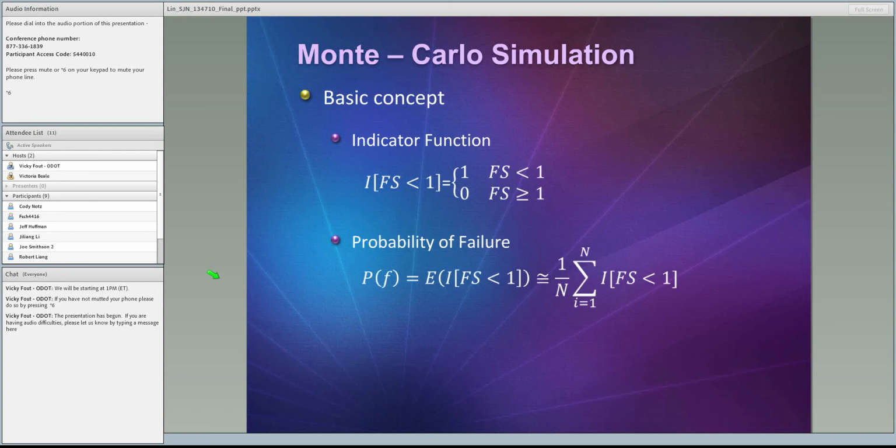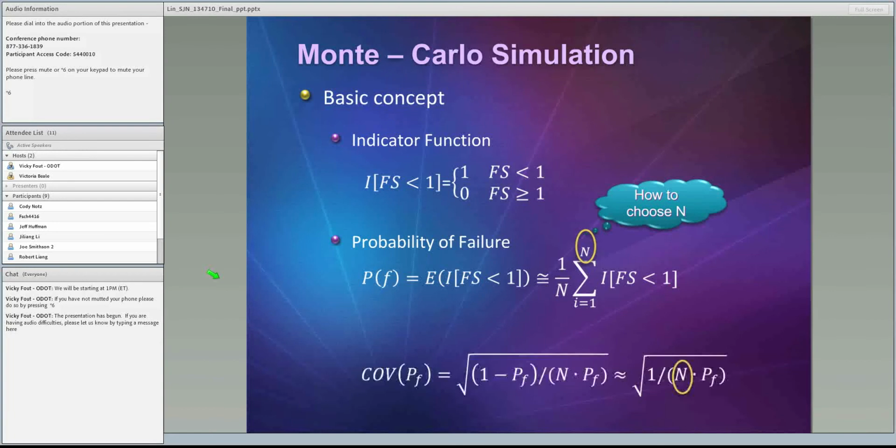For example, if we want to choose the coefficient of variation of the probability of failure equal to 0.3, and the approximate probability of failure equal to, for example, 1%, we can get the approximate total number. Then we go back and simulate with the confirmed total number n. We can perform the Monte-Carlo simulation, and this n is the total number.